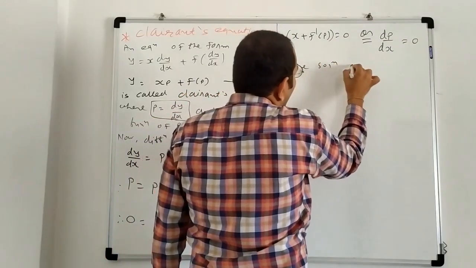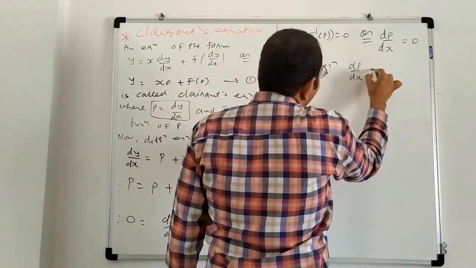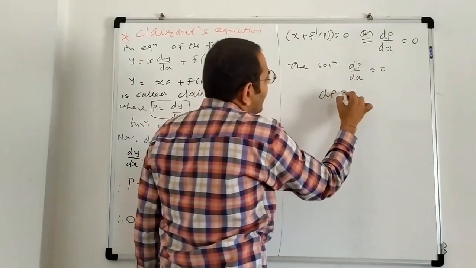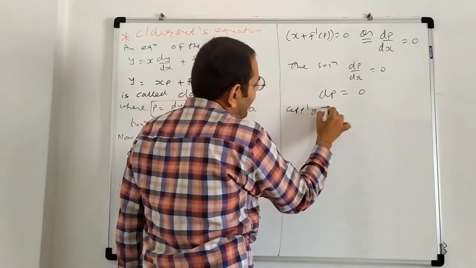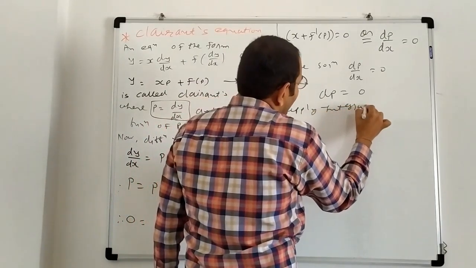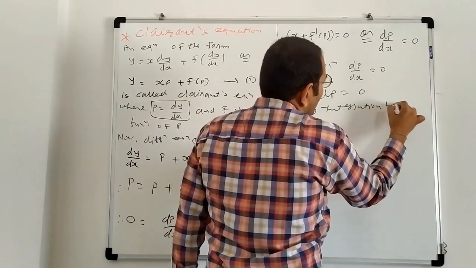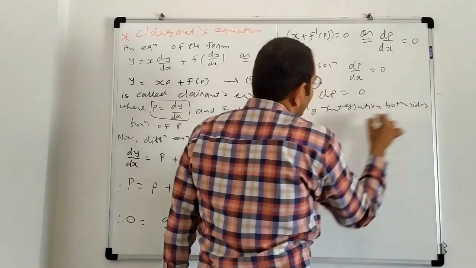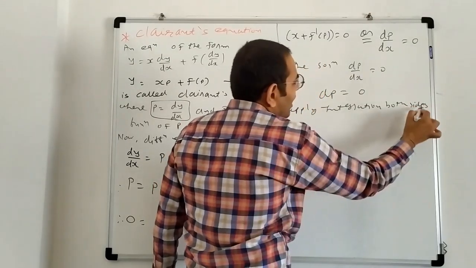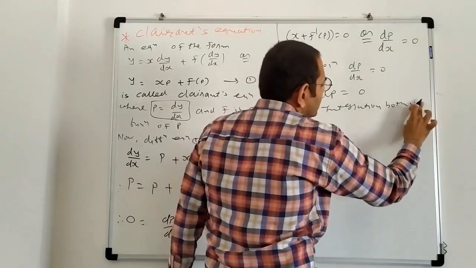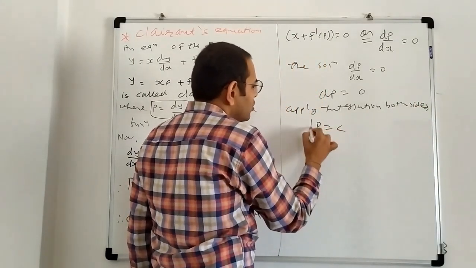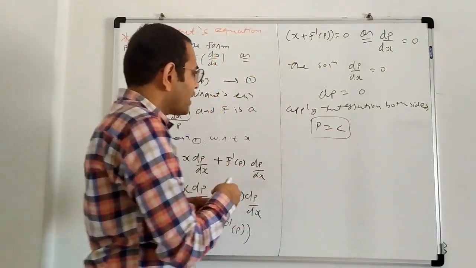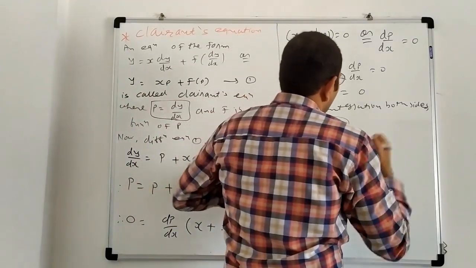The solution of dp by dx equal to 0, then dp equal to 0, then apply integration both sides, then we get p equal to c. That is our equation number 2.